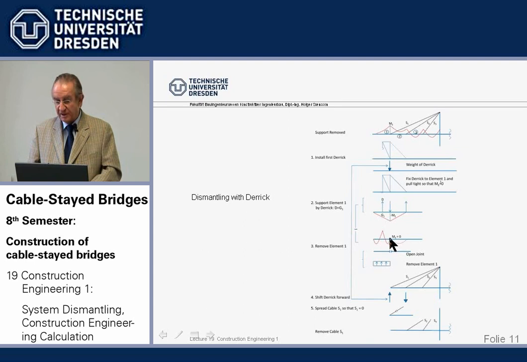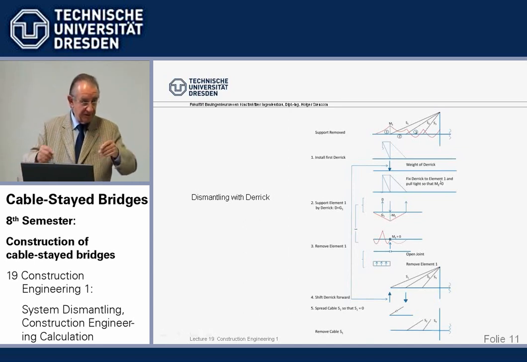The action forces at the first joint become 0, so we can open the joint, remove the element. Only that, of course, these loads, for the time being, remain as derrick reactions on the beam. The weight is gone from the beam. That's hanging in the derrick. But the beam feels the reaction from the derrick, from the loads.